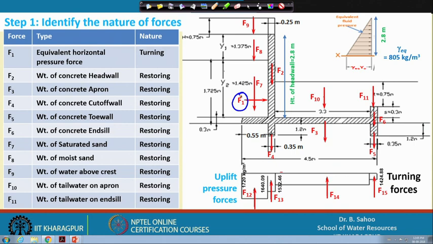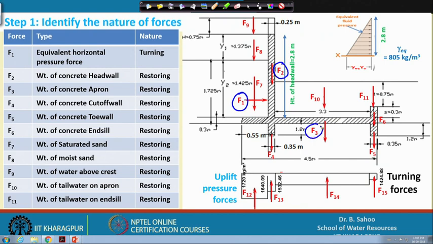F2 is the weight of concrete head wall. You know the concrete density, and the area you can calculate for unit width, so you can get the volume and estimate the force. Then F3 is weight of concrete apron.